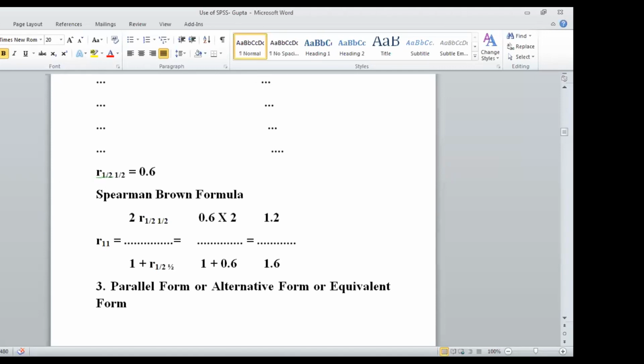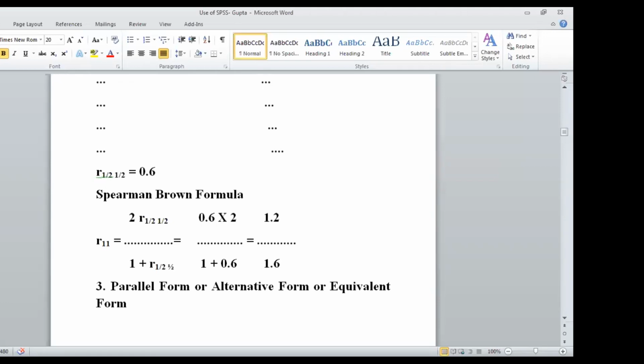Now, the point you have to understand is that if you want to use this as a method for establishing the reliability, then right in the beginning, if you want to have 30 items in one form, you have to have 60. But if you want to have the parallel form, then you should have 120 items to start with.